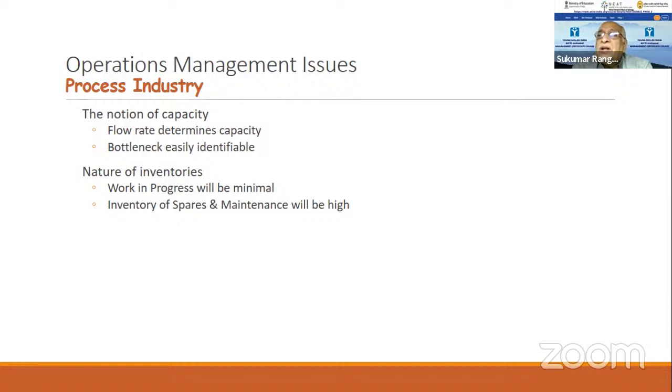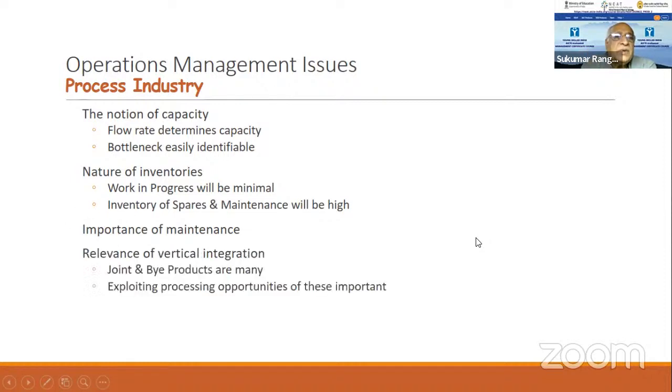You cannot afford for a nuclear runaway to happen, which happened in Chernobyl many years back, and it affected the entire northern part of Europe. So they have to continuously keep monitoring and making sure all the machines work. And so you need a high level of maintenance and spares; the inventory is mostly only in that and not in the process.